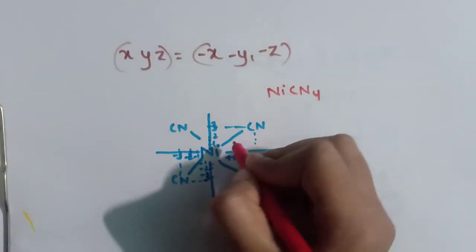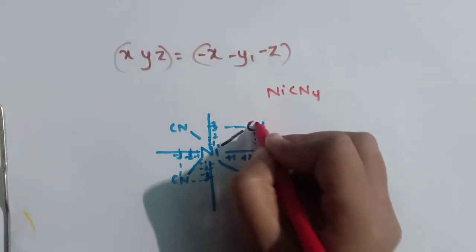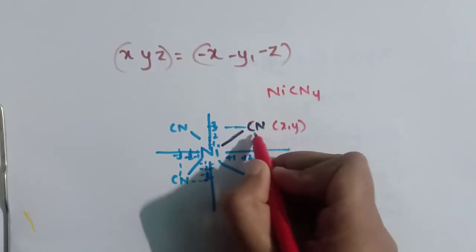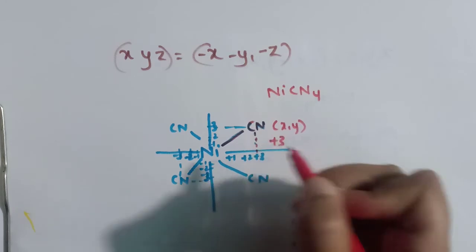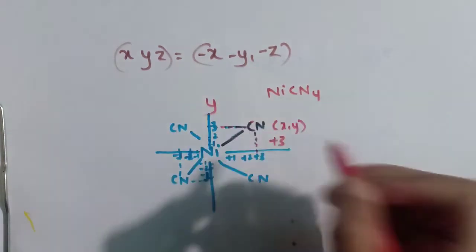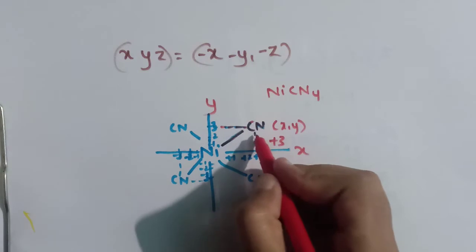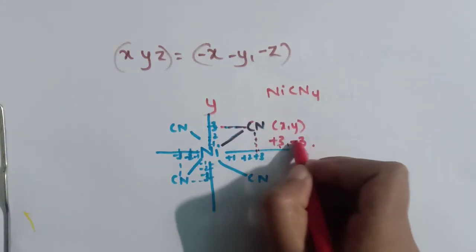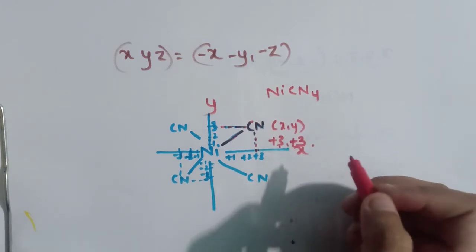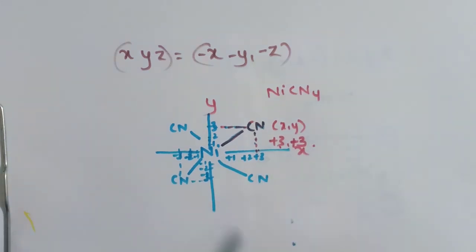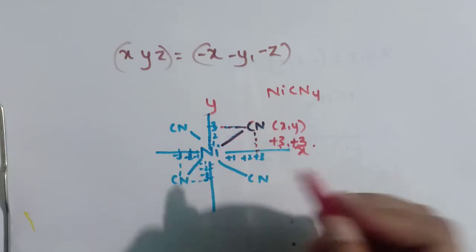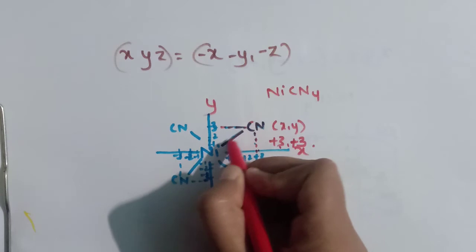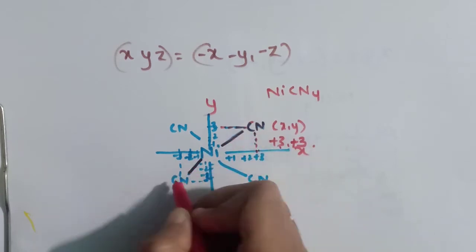Here, this CN is having xy values. Let's say in the x axis it is plus 3, and in the y axis it is also plus 3. In the opposite direction, you can see this extended line in a straight line, and we are meeting its twin, the CN.